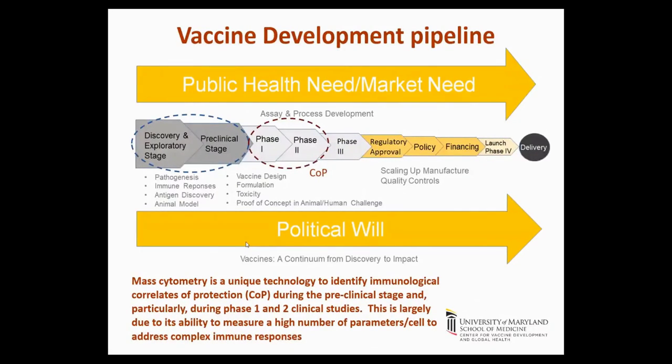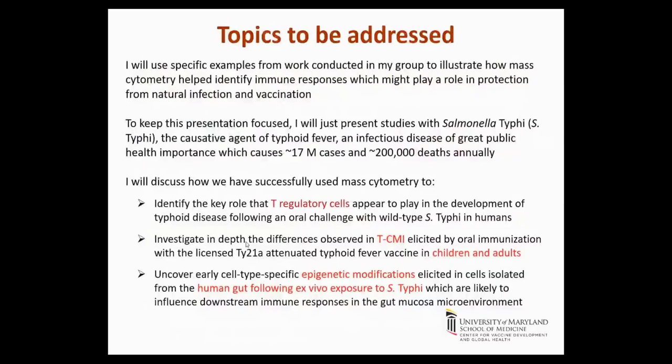And because of the limitations on availability of cells during the phase 1 and 2 clinical studies, particularly in studies conducted in children, and also due to the complexity of the immune response, technologies such as mass cytometry that allow the measurement of many parameters simultaneously can have a great impact.